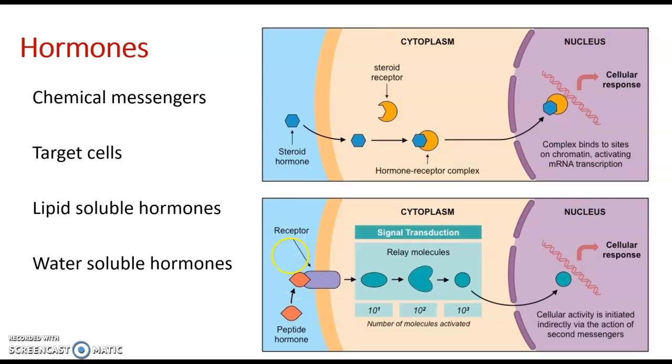Once that complex is formed, instead of it traveling to the nucleus by itself, a secondary messenger, or relay molecule as it's called here, will be activated in the cytoplasm of the cell, and then that secondary messenger will go into the nucleus to affect the switching on of those certain sections of DNA. So that's another example of something that could be allowed past the nuclear envelope.